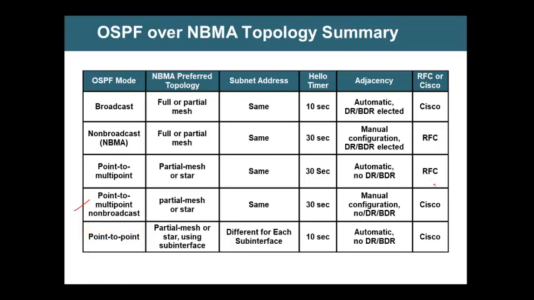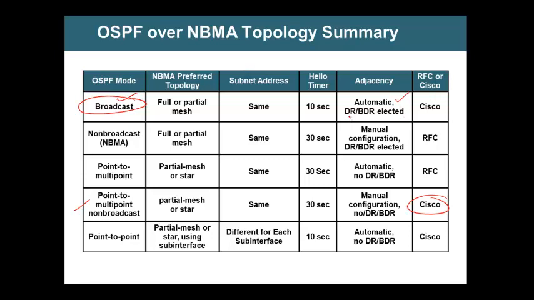When you say this, neighbors are dynamically discovered. Because there is going to be a DR-BDR election, make sure your topology is full, or at least partial, not hub and spoke. All should be in the same subnet. In all these four, the neighbors who want to participate all need to be in the same subnet.